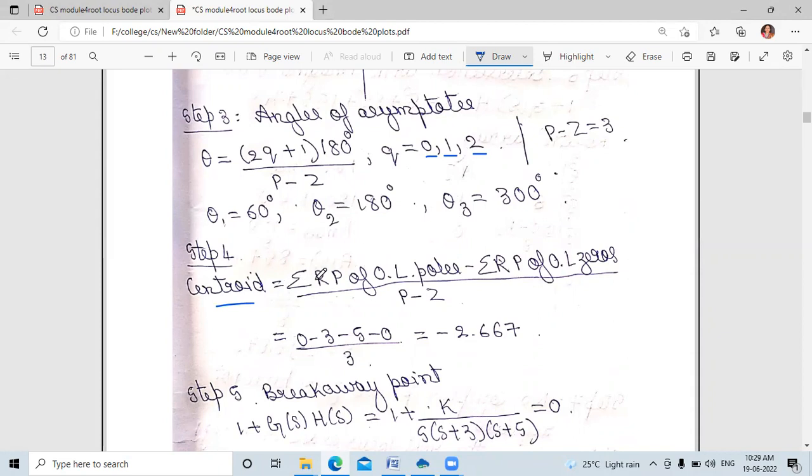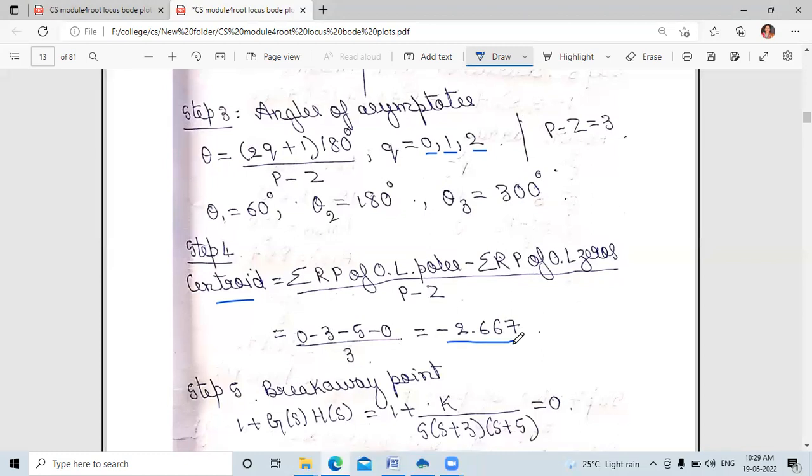The centroid formula is the summation of real parts of open loop poles minus the real parts of open loop zeros, divided by P minus Z. In this question, zeros are not given, only the poles. So (0 minus 3 minus 5 minus 0) divided by P minus Z, which is 3. So what value will you get? Minus 2.667. This is the value of the centroid.